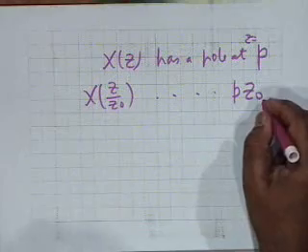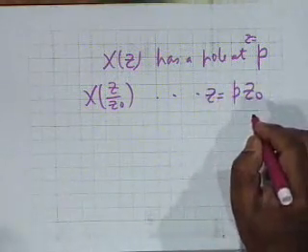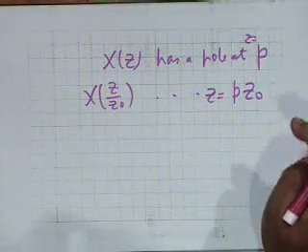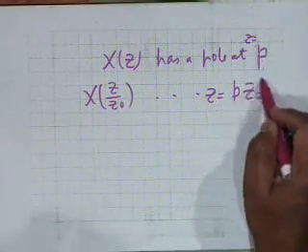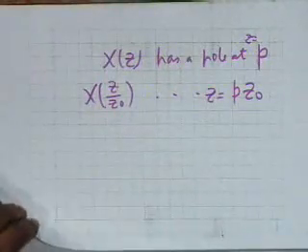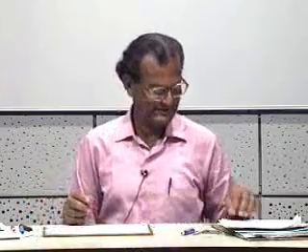Pole at p times z naught. What is the variable? Z. At z equal to p times z naught. That's all that means. In other words, the poles and zeros shall be scaled by the factor z naught. They shall be multiplied by the factor z naught.